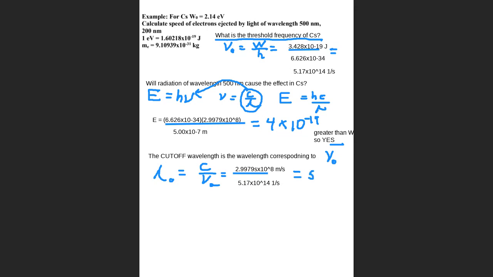I get 5.79 times 10 to the negative 7 meters, or 579 nanometers for the cutoff wavelength.